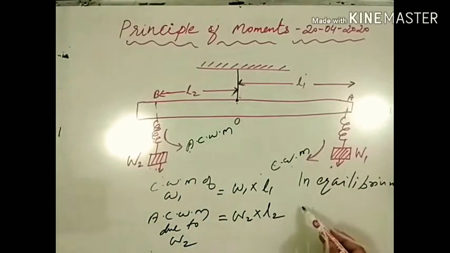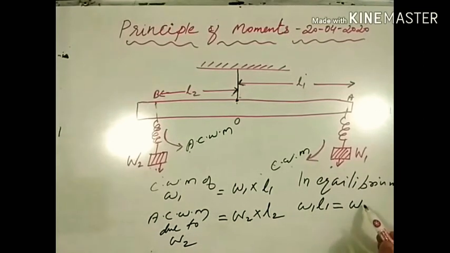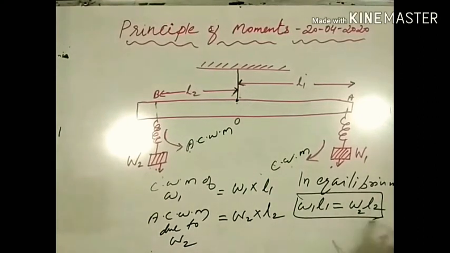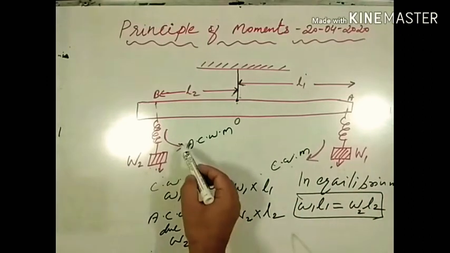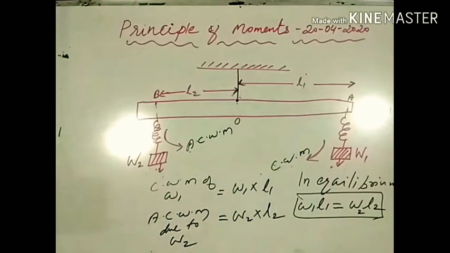So we can write W1 L1 is equal to W2 L2. This verifies the principle of moments. So according to the principle of moments, sum of clockwise moments is equal to sum of anti-clockwise moments.